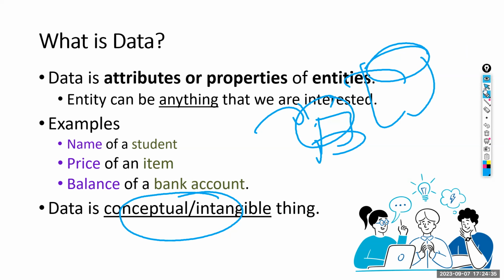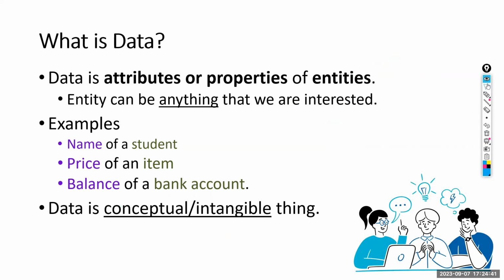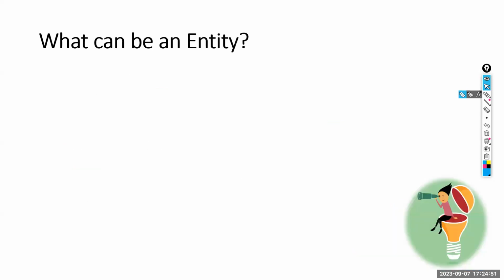But when you understand it in a proper, systematic way, you can perfectly understand it as well. Data is always a conceptual thing, not a physical, tangible thing. You can't touch it. So then let's dig into what is an entity.